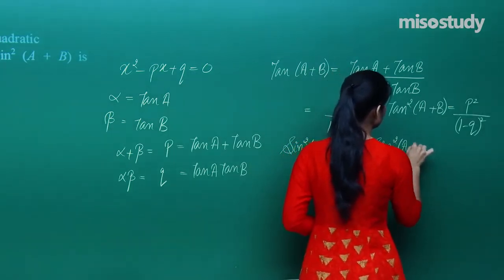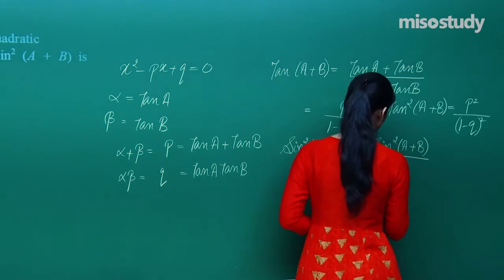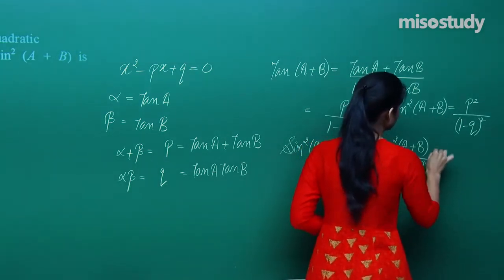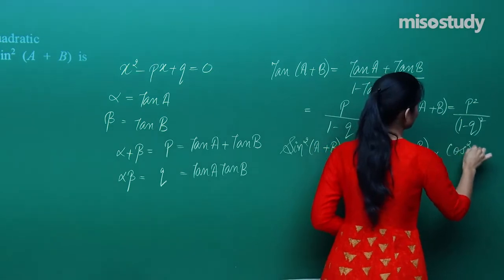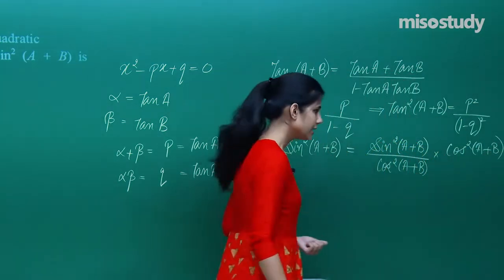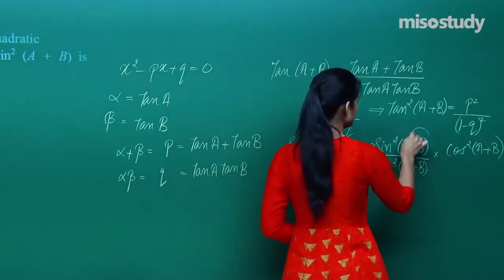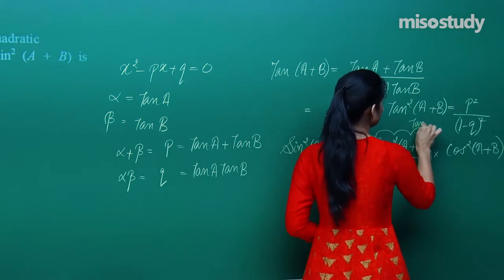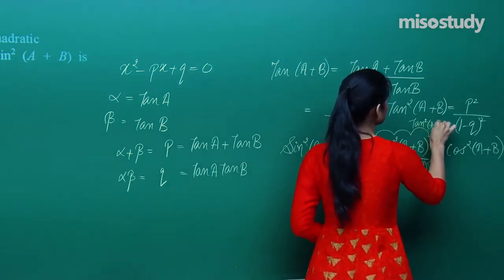Sine square A plus B upon cos square A plus B is tan square A plus B. To nullify, this is multiplied by cos square A plus B. This complete expression is tan square A plus B.